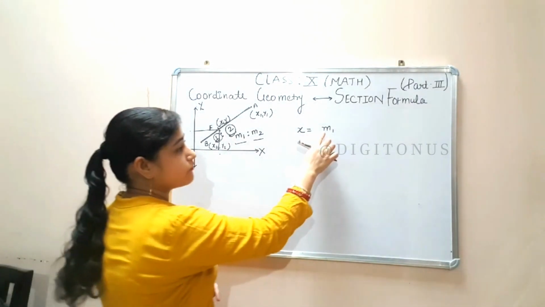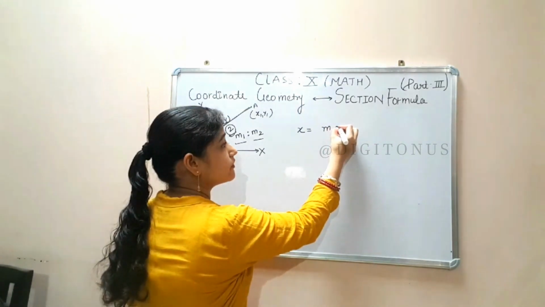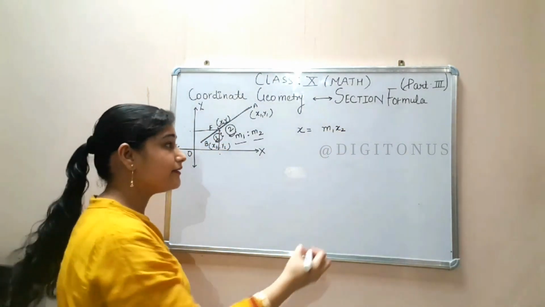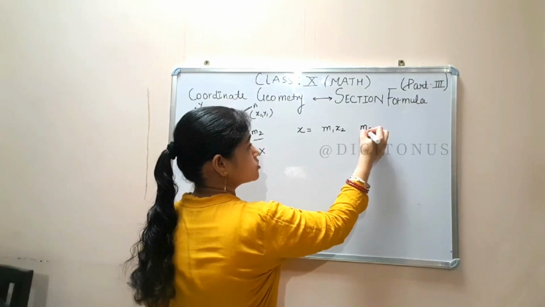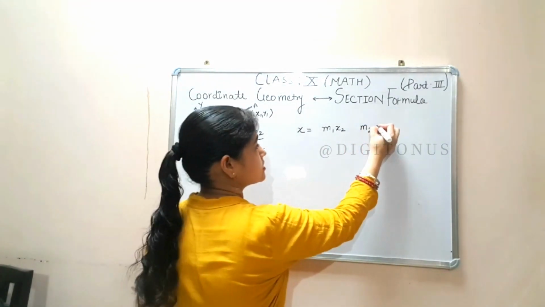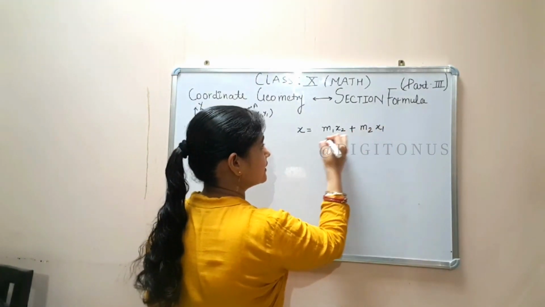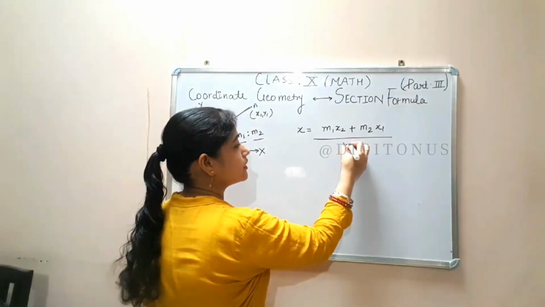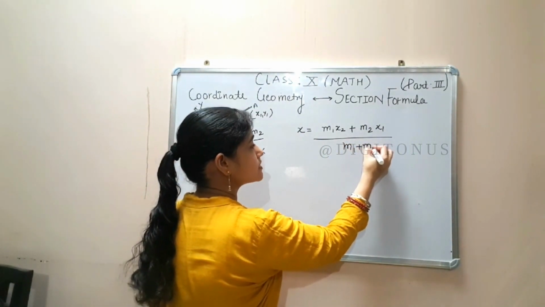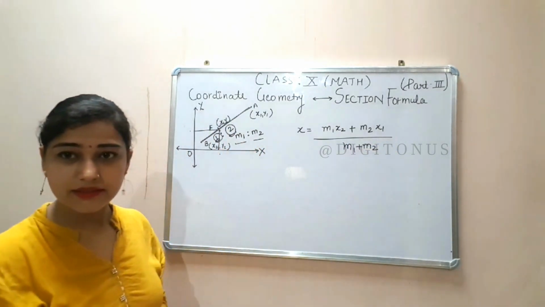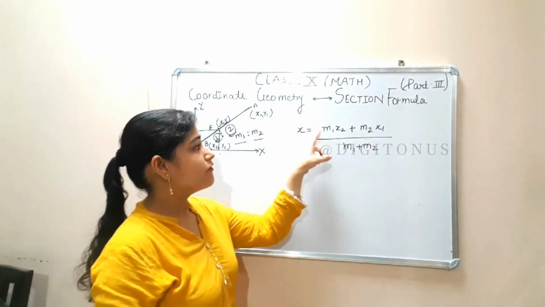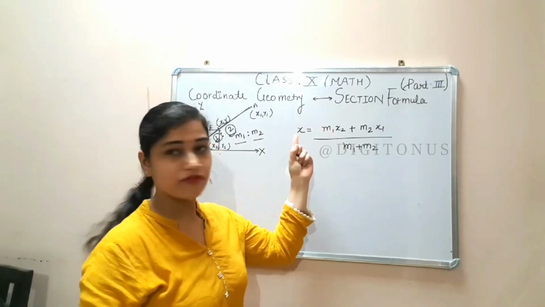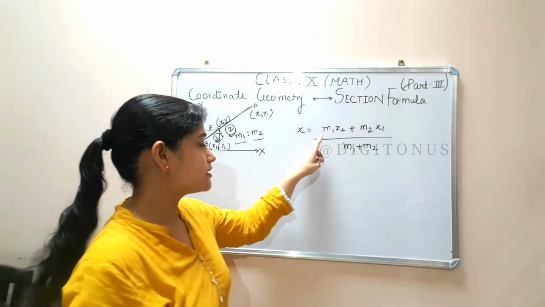If you are taking m1, then with m1 you take x2, and if you are taking m2, then with m2 you take x1, add them and divide by the total ratio, meaning m1 plus m2. Isn't it a very simple formula? You can take m1 first or m2 first, it doesn't matter.